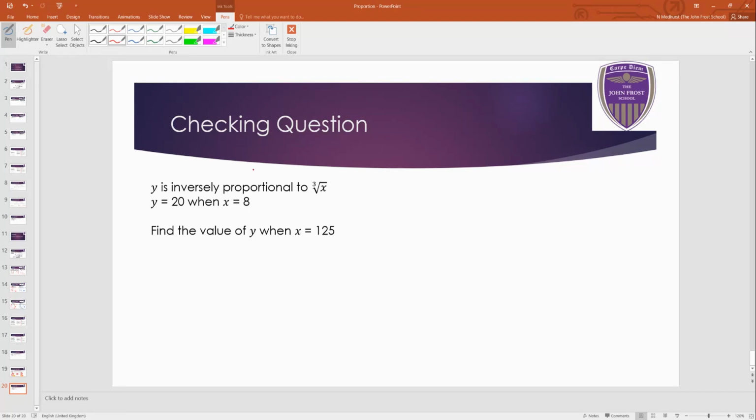Okay, welcome back. So y being inversely proportional to the cube root of x means y equals k over the cube root of x. All right, so let's substitute the values in that we know. y equals 20 and x equals 8. So we're going to now say 20 equals k over the cube root of 8.